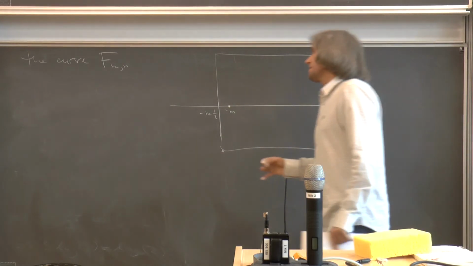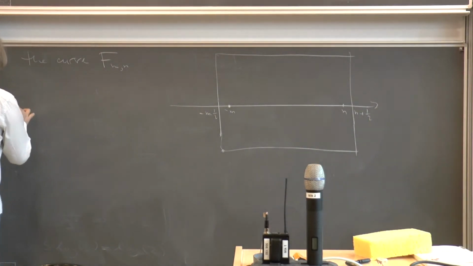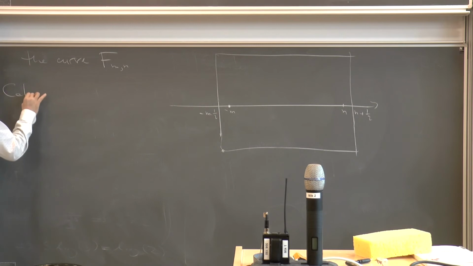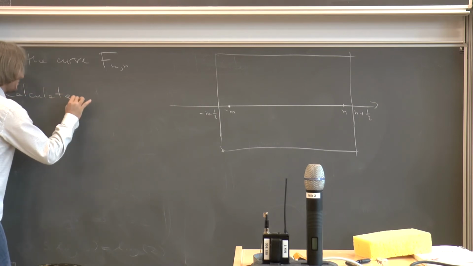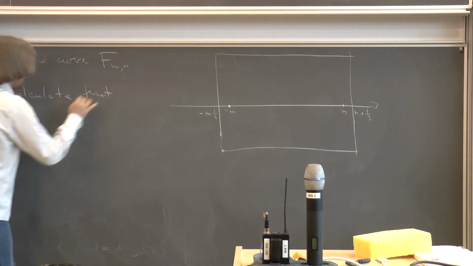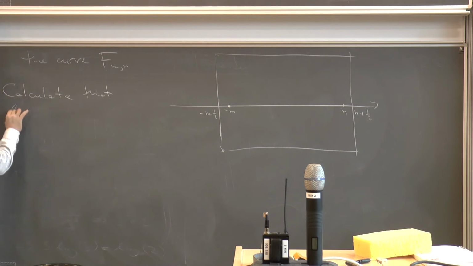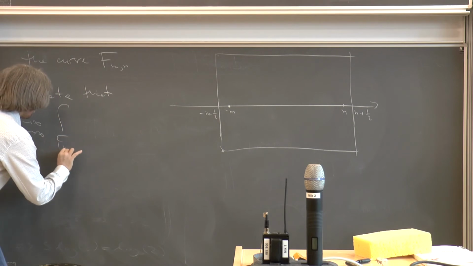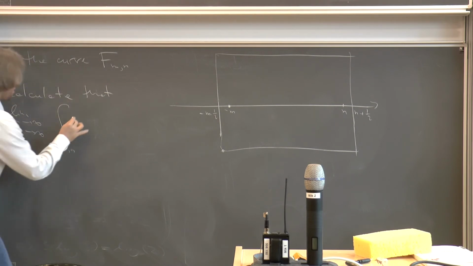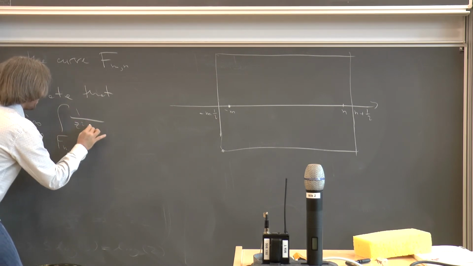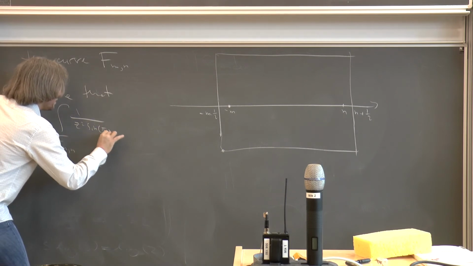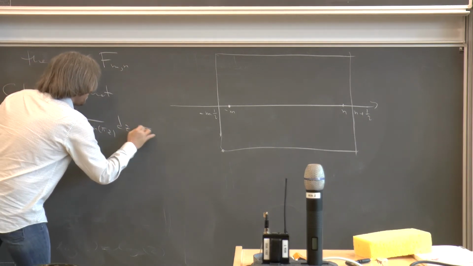I don't even want to do the estimates, but it happens that you calculate that the limit as n and m go to infinity of the integral over Γ_mn of 1 over z squared sine of pi z dz is simply 0.